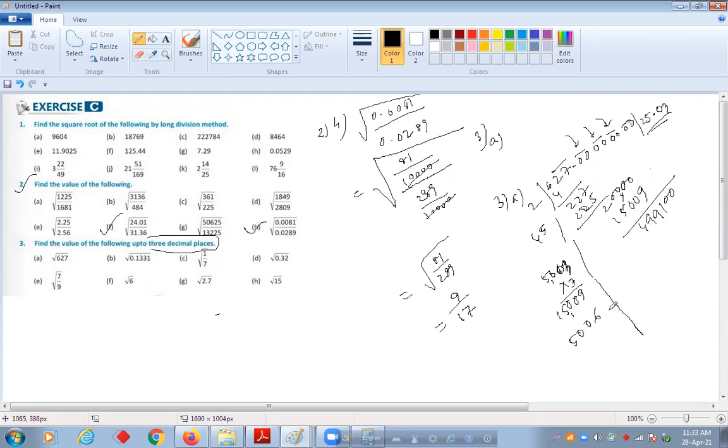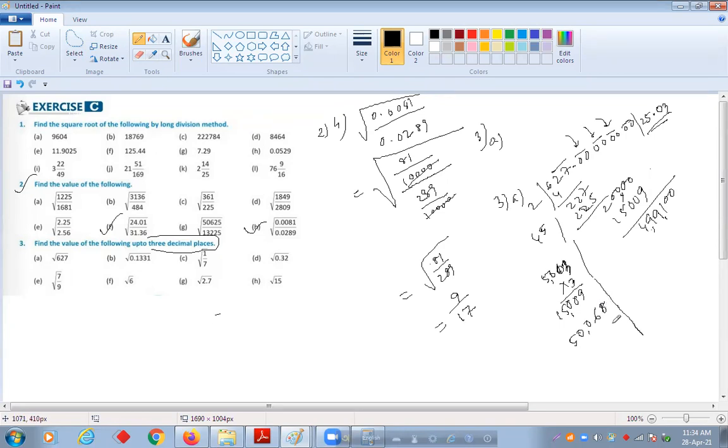Now you have 4,99,100. And here you have 50,000. So how many times can we go? At least 50,000. Double makes 1 lakh. Here it is 4 lakhs. So we can go for at least 8 times.